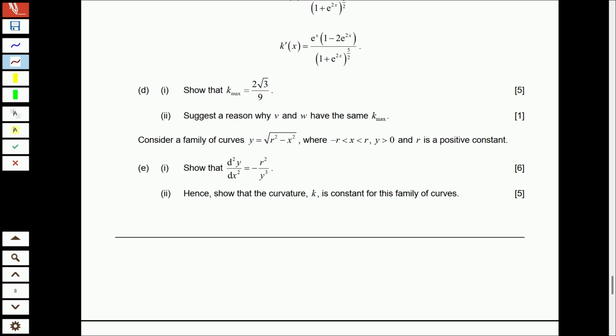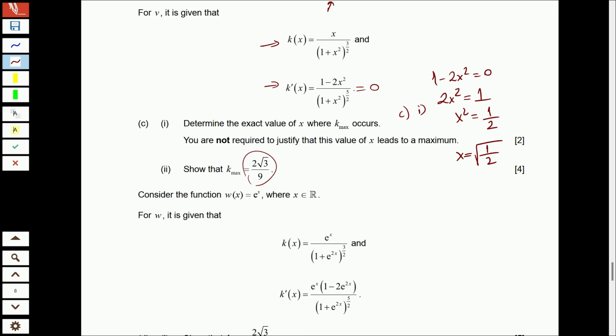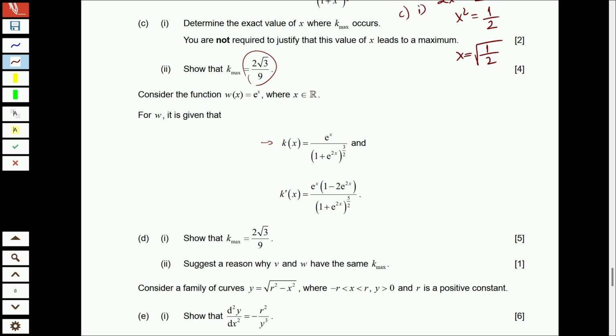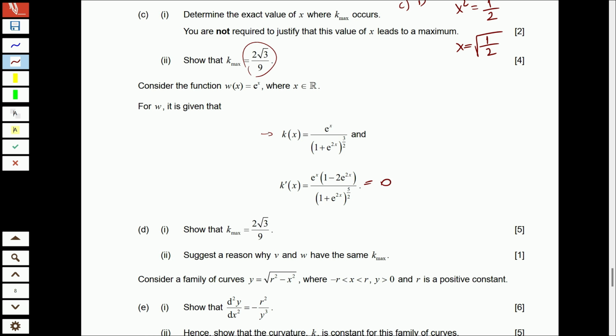Yeah, correct. And consider the function w(x) equals e to the power of x. For w, it's given that k(x) is this expression, and show that k-max equals the same value, okay? Again, we're going to find the root of this equation when the derivative equals 0. In this case, e to the power of x times (1 minus 2 times e to the power of 2x) will be 0, but I know that e to the power of x will not be 0.